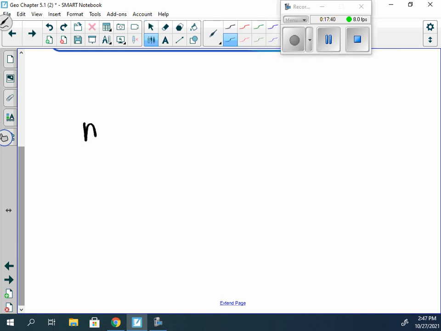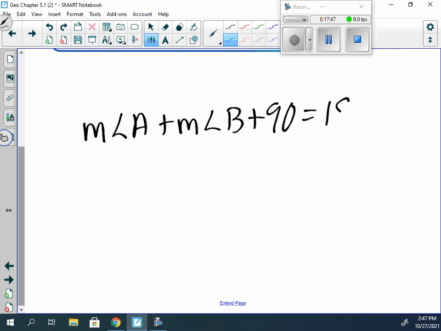So if we had two angles, the measure of angle A plus the measure of angle B, plus 90 is equal to 180, because three angles inside of a triangle always add together to be 180. If it's a right triangle, we know one of them has to be 90 degrees.